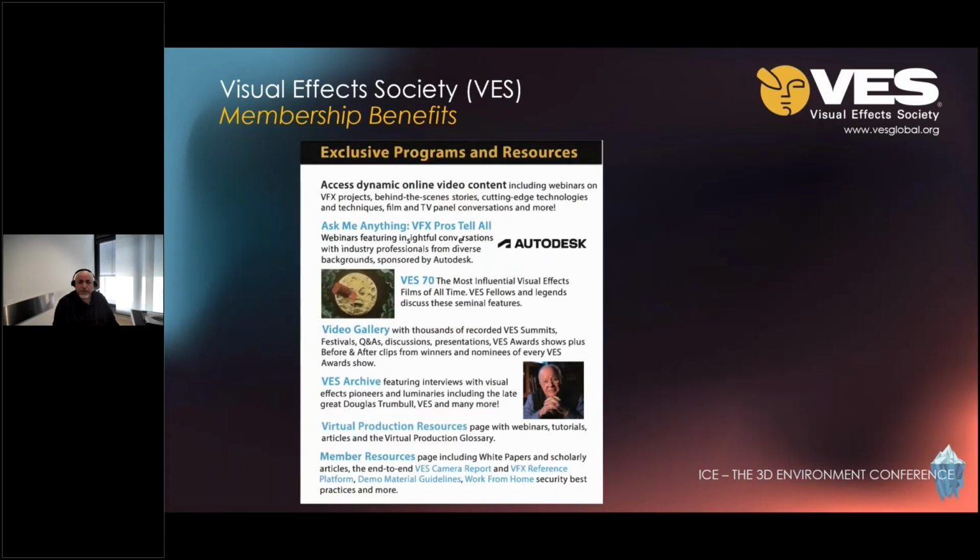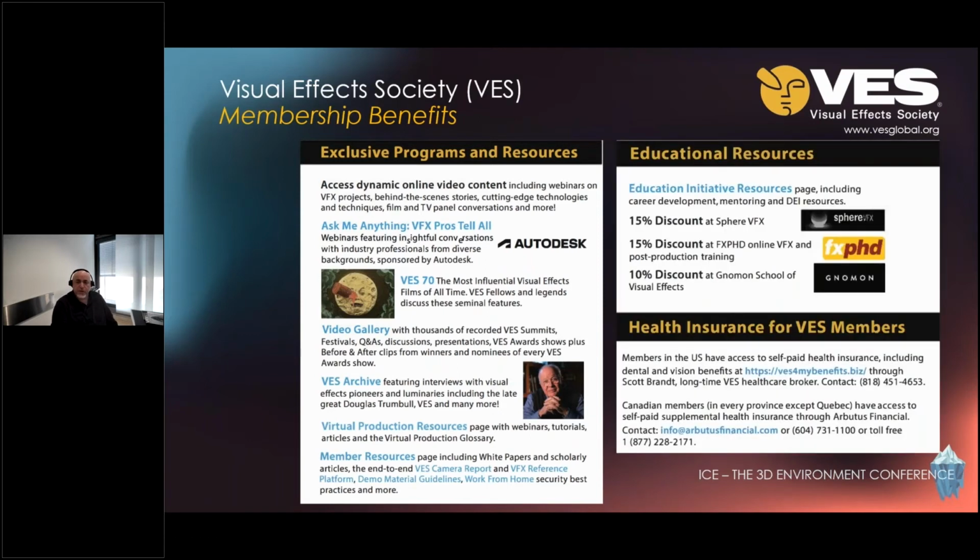Then you have exclusive programs and resources: Ask Me Anything, VES Pros Tell All, video gallery, VES Archive, virtual production resources, member resources, and the books that are published under the label of the Visual Effects Society. You also get some releases at a special price.